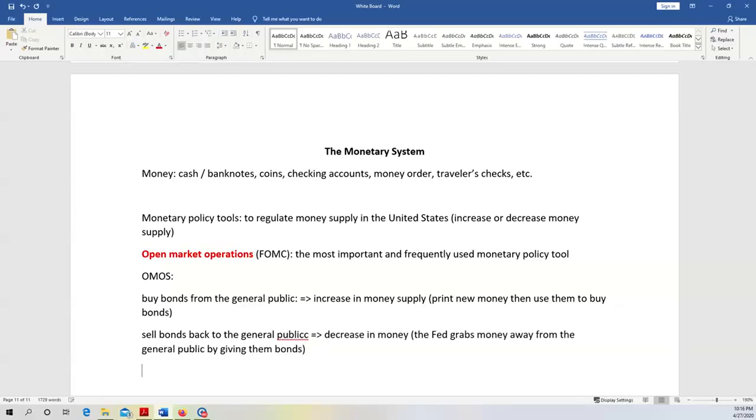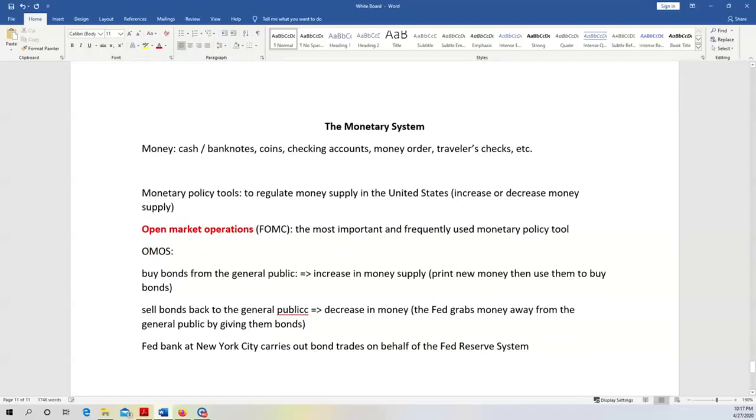The Federal Reserve Bank at New York City actually carries out bond trades on behalf of the Federal Reserve System.